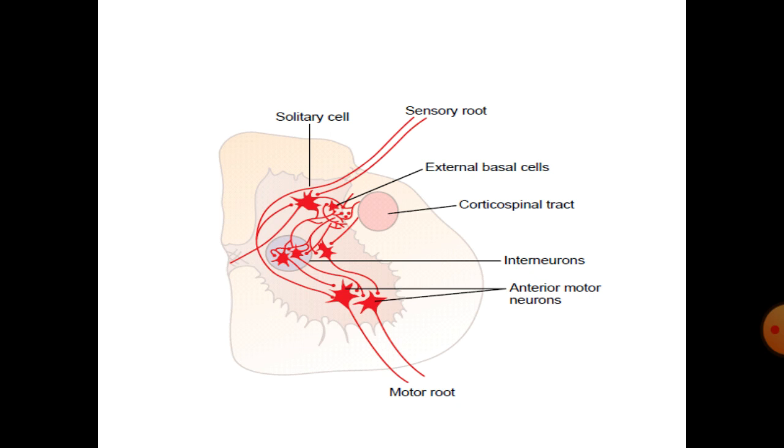Then this anterior horn cell will decide what is to be done, whether it is inhibited or the excitatory signals are to be passed on. When excitatory signals pass on, they will pass through the anterior root, that is the motor root, and then through the peripheral nerves to the skeletal muscles or to the glands, so that the contraction of the skeletal muscle takes place or the secretion of the glands takes place.